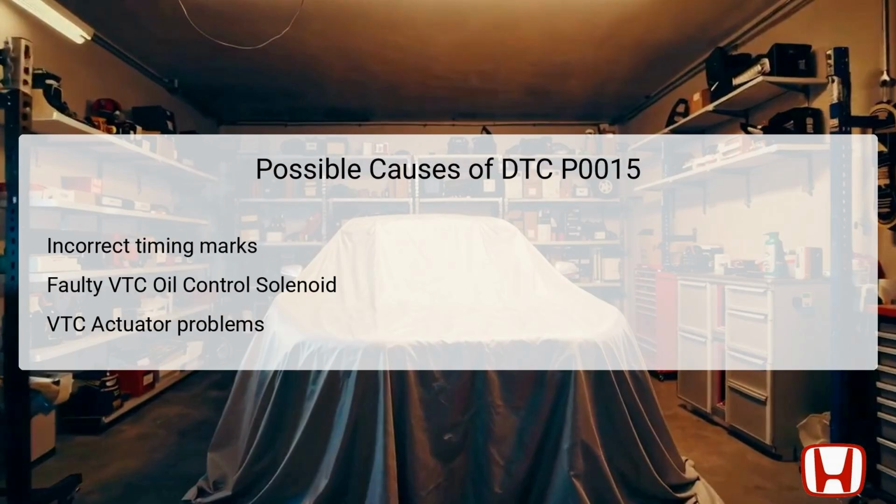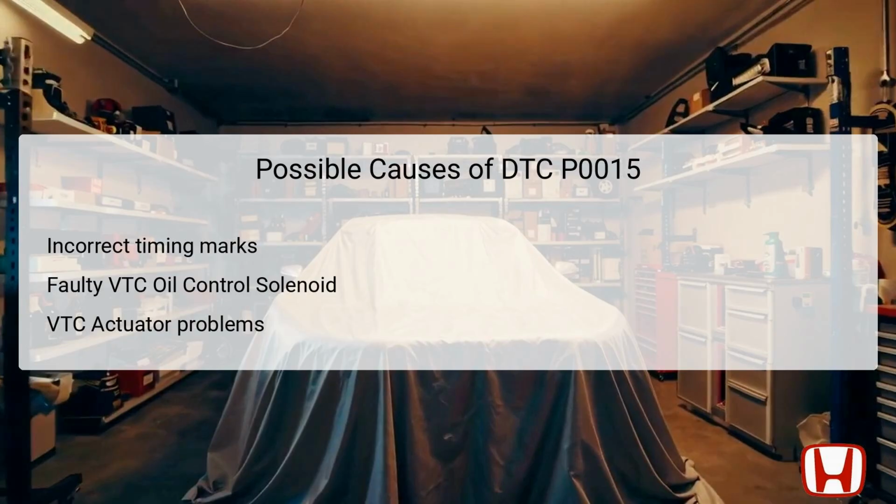There are several possible causes behind the P0015 error code. One primary aspect to consider is whether incorrect timing marks were utilized during the installation of a VTC actuator. If this step wasn't performed correctly during a prior service, the vehicle will register a timing-related DTC. Secondly, the VTC Oil Control Solenoid Valve B may be malfunctioning, which can prevent proper oil flow to the actuator, leading to timing issues.